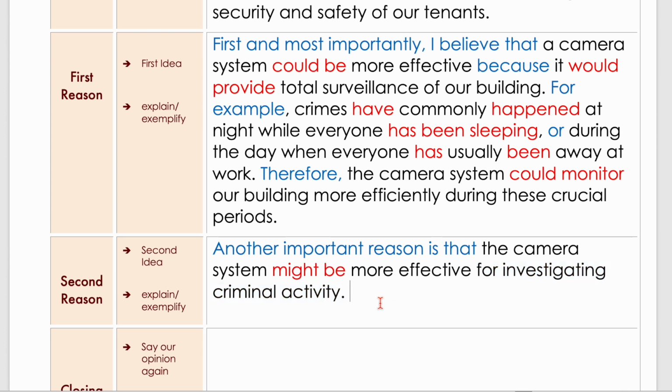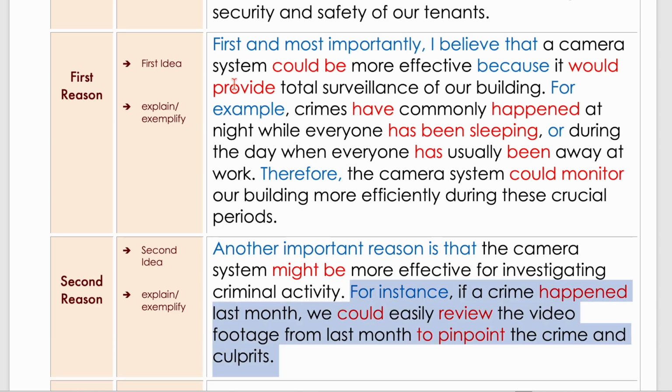So a little bit stronger here in the sentence, okay? Now it's not clear how, so we need to give an example here again. For instance, if a crime happened last month, we could easily review the video footage from last month to pinpoint the crime and culprits.